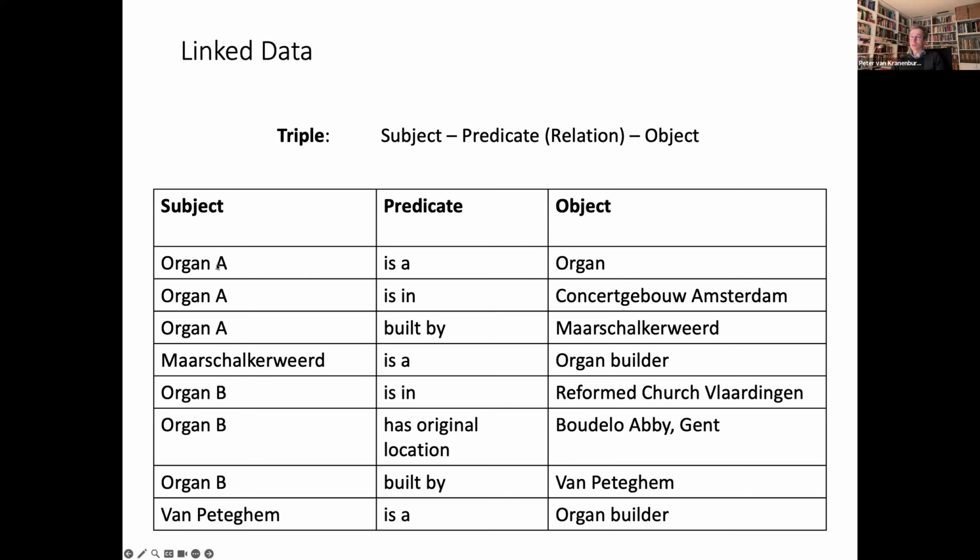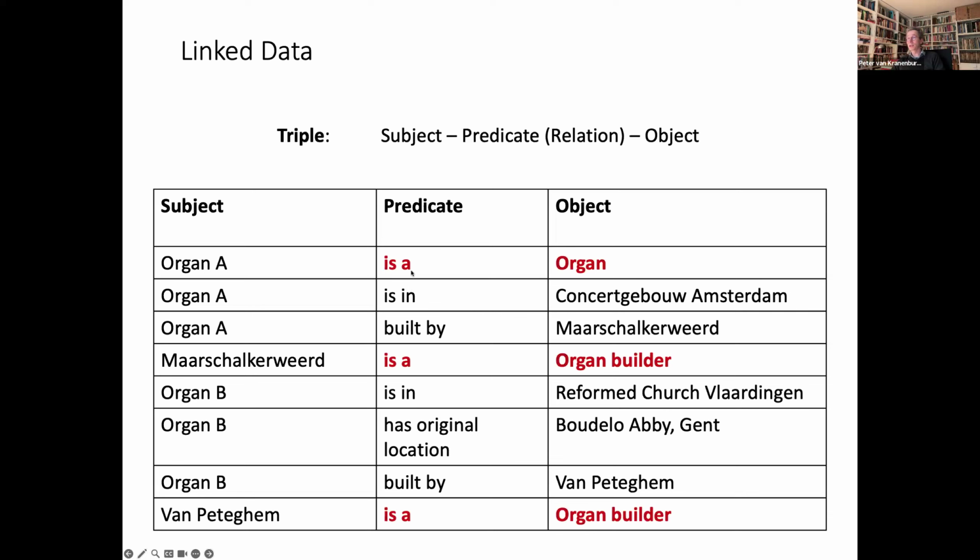So for organs, this would be an example. Organ A, identifier of an organ. Organ A is an organ, right? Then organ A is in Concertgebouw Amsterdam. Organ A was built by Maarschalk Weert. Maarschalk Weert is an organ builder, etc. In this way, it's possible to connect all these triples together and build a network of knowledge.